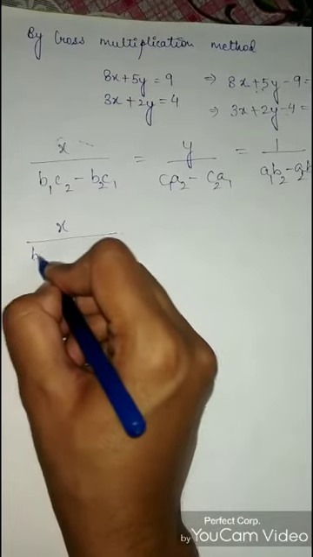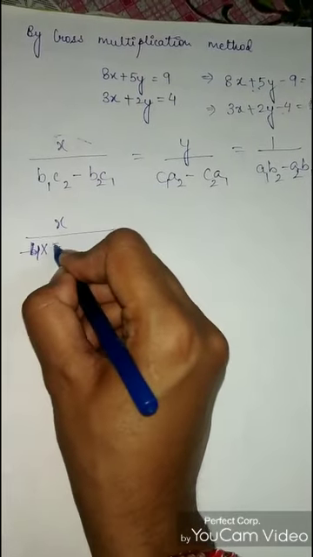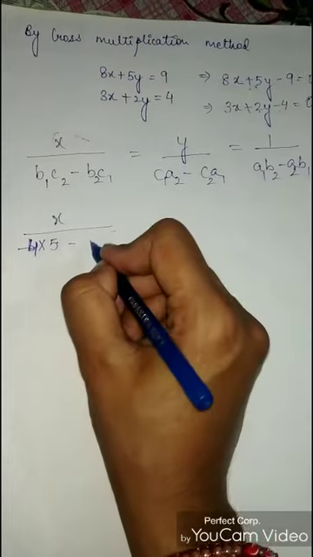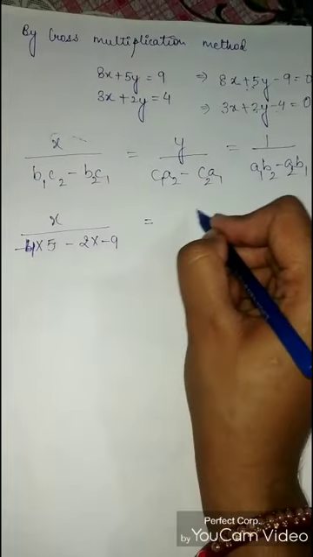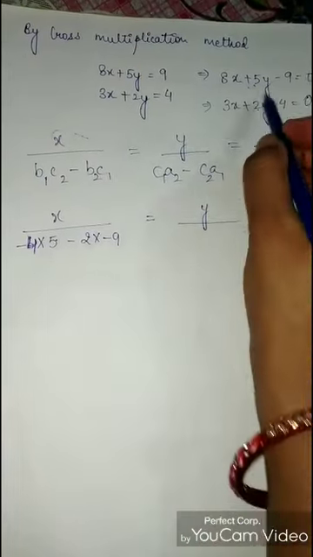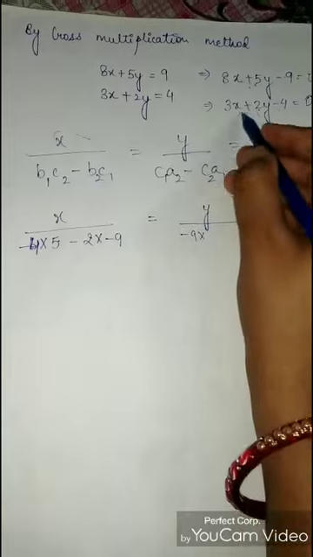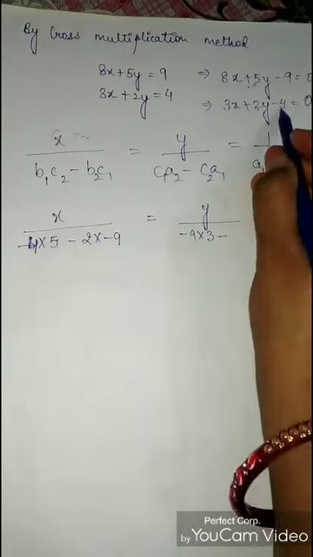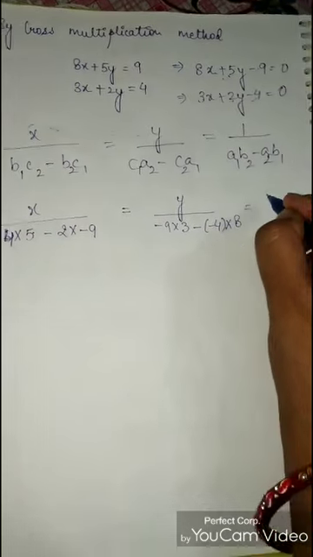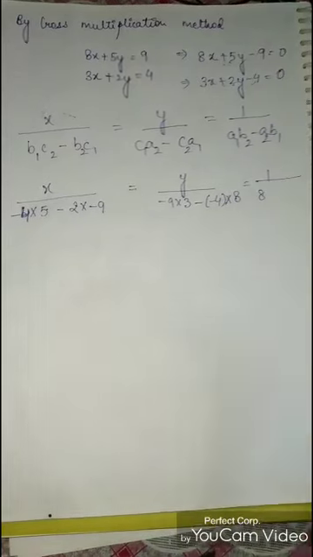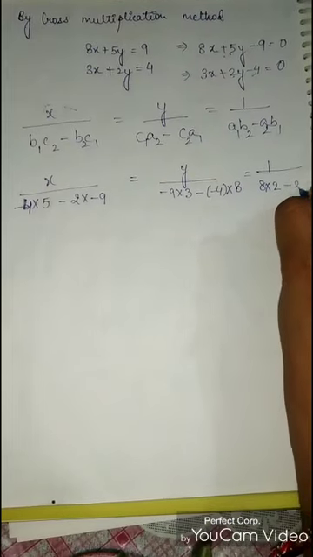So 5 into minus 4, minus, what is your B2? 2, and C1 is minus 9, is equal to y upon, what is C1A2? C1 is minus 9 and A2 is 3, minus C2 is minus 4 and A1 is 8, is equal to 1 upon A1, which is 8, into 2 minus 3 into 5.